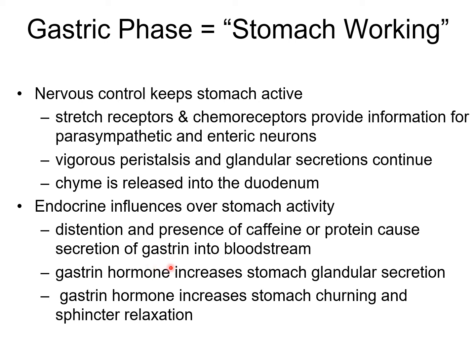So it produces the hormone gastrin, and gastrin further increases gastric juice secretion and increases mechanical digestion in the stomach, churning and emptying. So both the nervous system, cranial nerve 10 mostly, and the gastrin hormone are stimulating activity of the stomach.